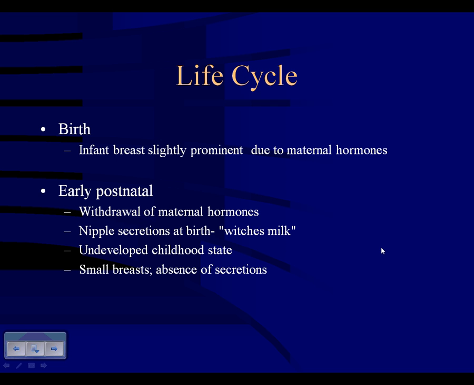It's not abnormal. They call it witch's milk. I know it's a horrible term, but it's just a normal thing that occurs after birth, and then eventually after the hormones dissipate, which takes a few days, that stops. Again, the breasts remain in an undeveloped state throughout childhood with absence of secretions.